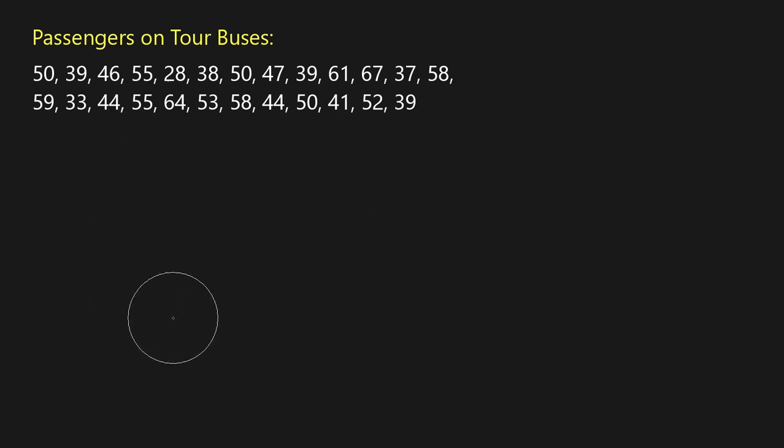Now, if I was going to make a table out of this, the same way that I've already showed you how to make a frequency distribution table, what you want to do is find your lowest and your highest score. The lowest score in this data set is 28, and the highest goes up to 67.